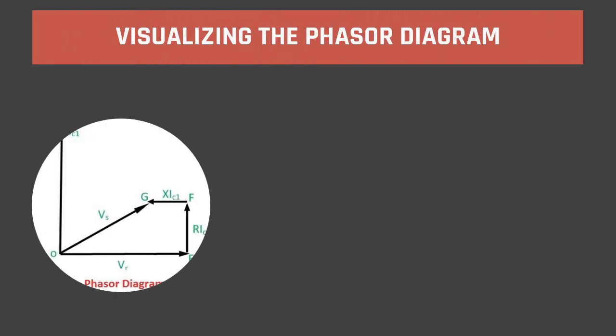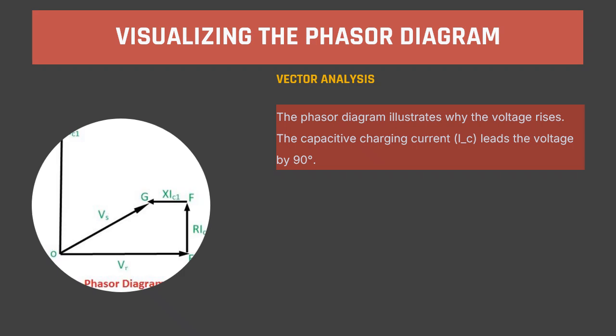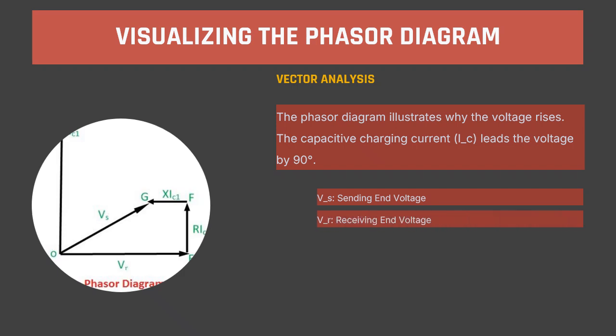Visualizing the phasor diagram. To truly understand the voltage rise, we must look at the phasor diagram. Since the line is highly capacitive during low load, the charging current, I_C, leads the voltage by nearly 90 degrees. This charging current flows through the line inductance, L, creating an inductive reactance drop, I_X_L.